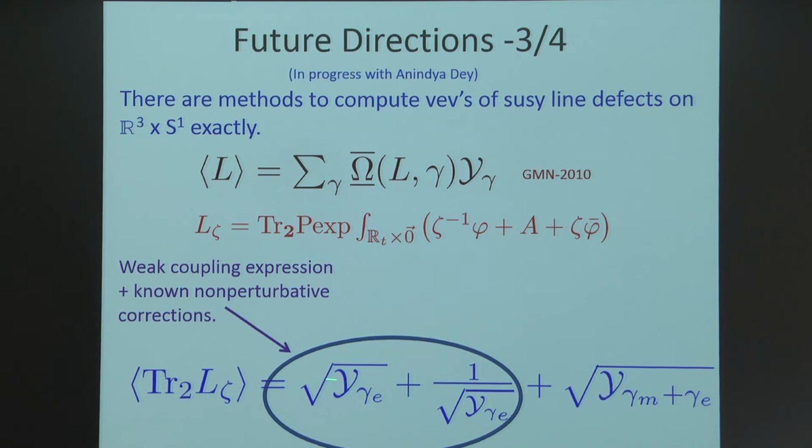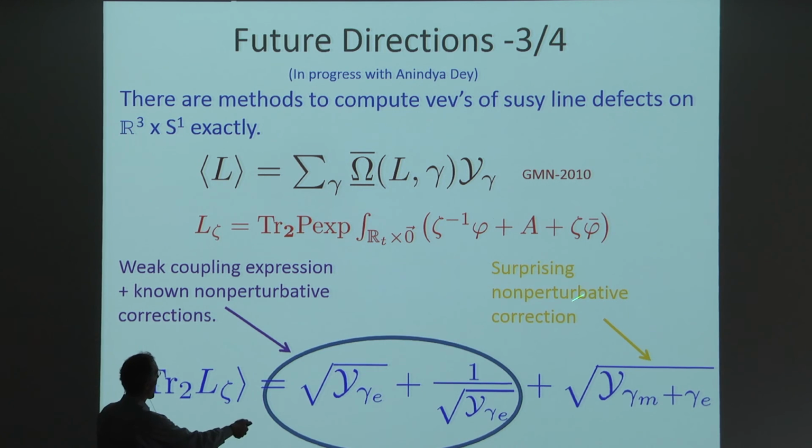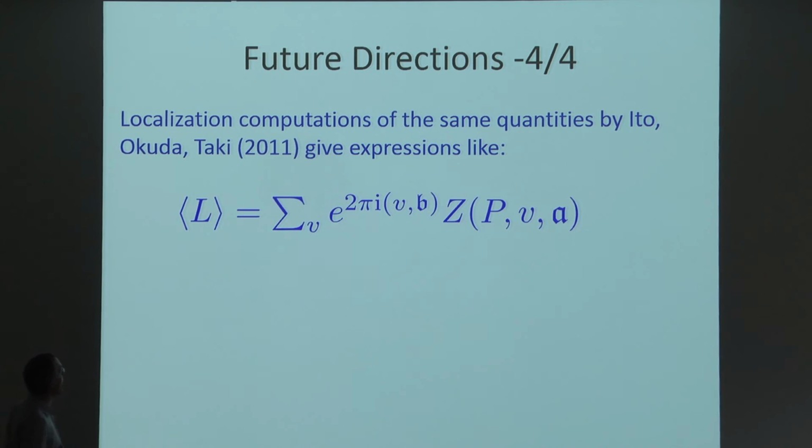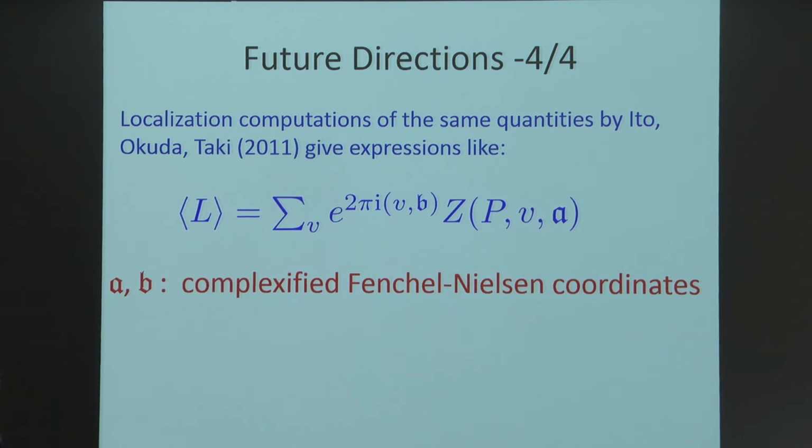They give you the weak coupling expression plus known non-perturbative series. And this is a surprising non-perturbative correction having to do with a bound state of a monopole with a Wilson line. On the other hand, there's been a lot of activity in localization theory. In particular, Ito, Okuda, and Taki gave expressions that have this shape, for those who know.